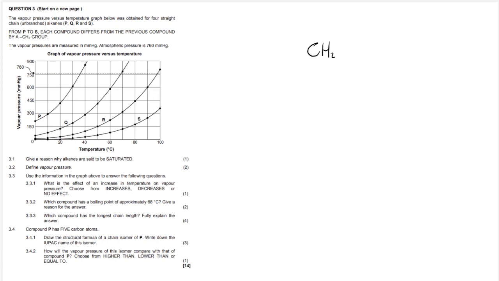That means that one of the middle carbons is missing on each one, or is being reduced as we go down this line. The vapor pressures are measured in millimeters of mercury. The atmospheric pressure is 760 mmHg.